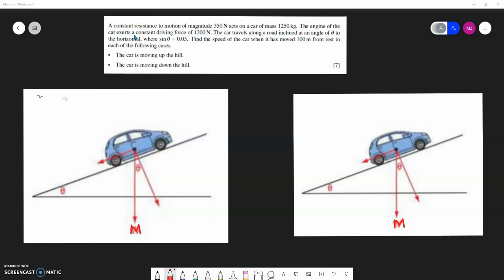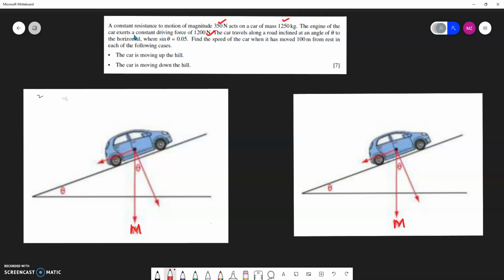A constant resistance to motion of magnitude 350 newtons acts on a car of mass 1250 kilograms. The engine of the car exerts a constant driving force of 1200 newtons.